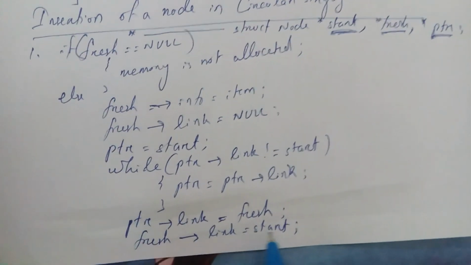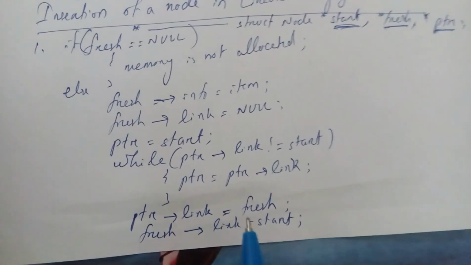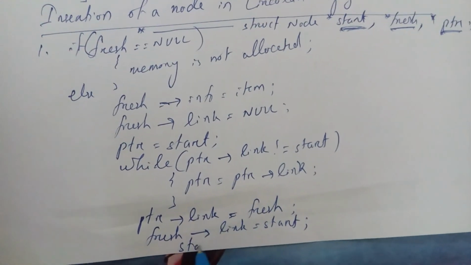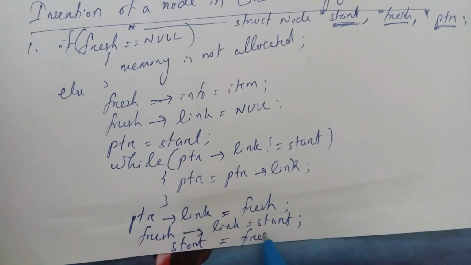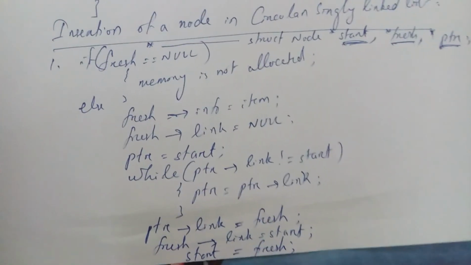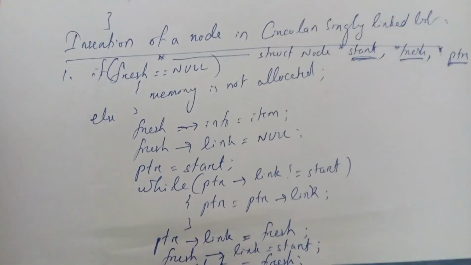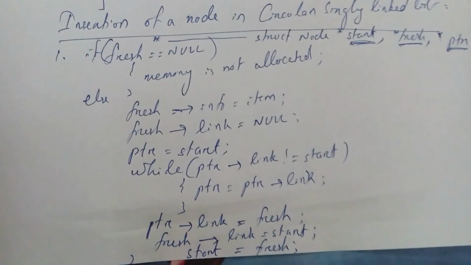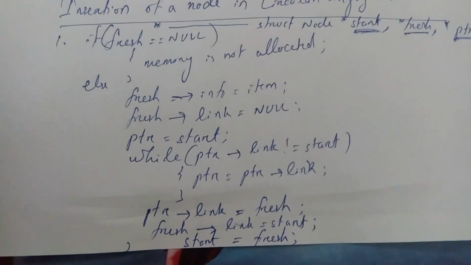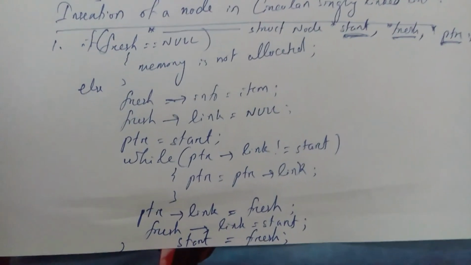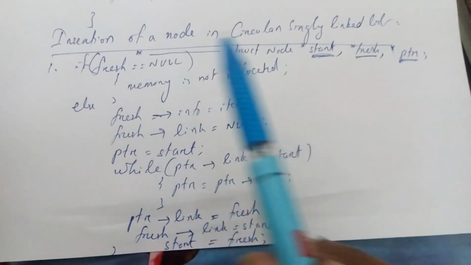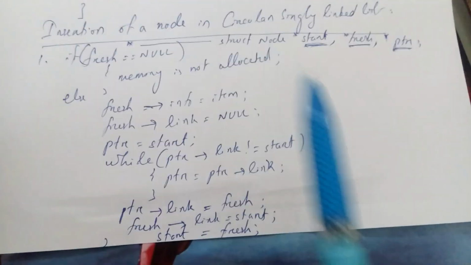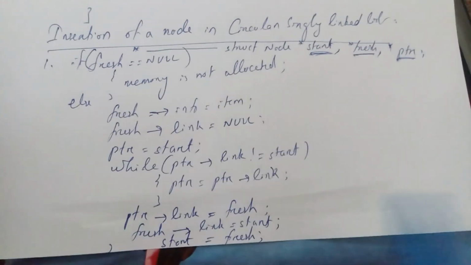So fresh link will contain the start value. Now start will be changed: start equals fresh. That means now start will contain the fresh node. In this way the insertion of a node takes place at the beginning of the circular linked list. This is simply the pseudocode, the algorithm you can say, or you can write the complete program by yourself. Thank you.